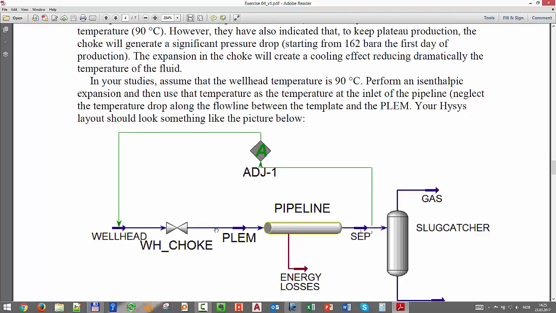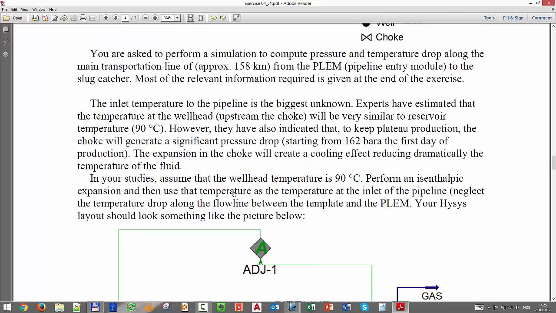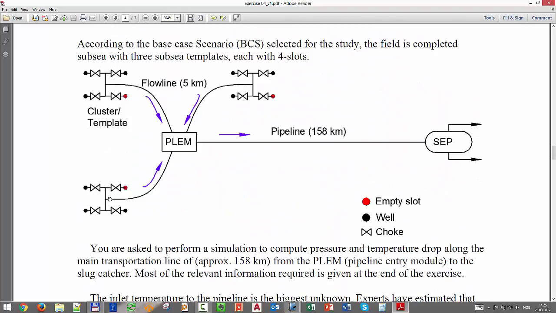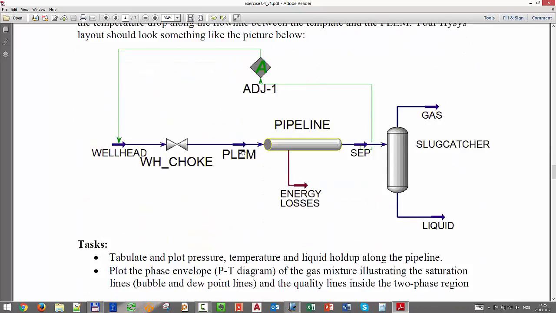Okay, you did it for Tanzania block 2, but for Znovi it is also very high. It's 162 bar. So using that pressure drop, that will be the temperature that you have at the template, and then you just assume that the temperature remains more or less the same until the PLEM.